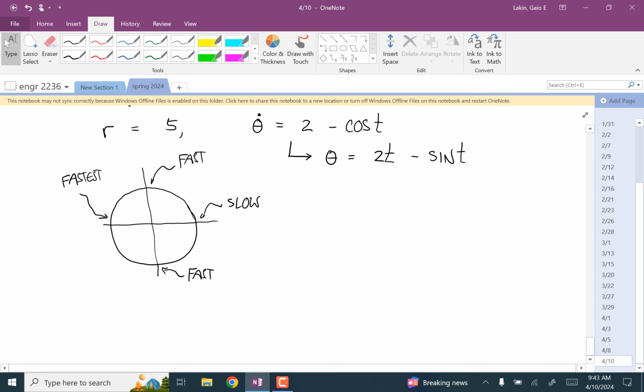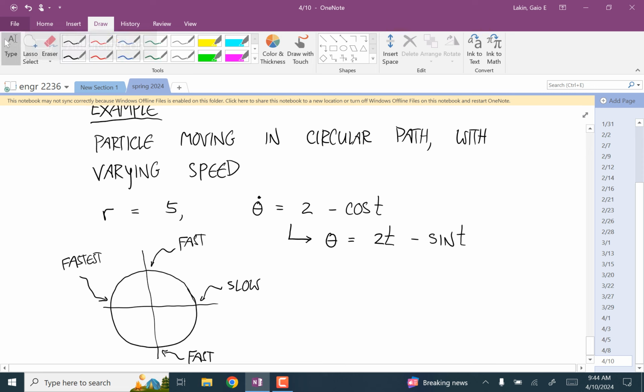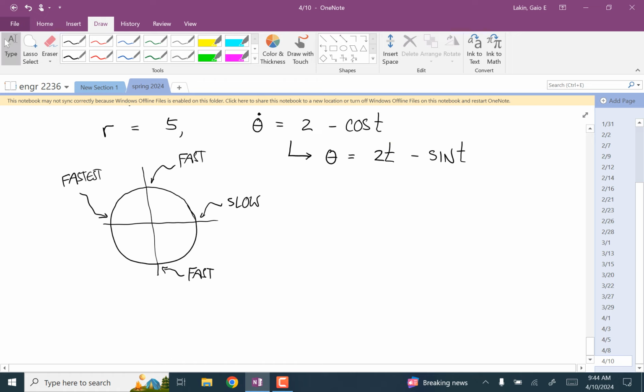Okay, so let's say we want to calculate the acceleration. So to do that, we're going to need some time derivatives of these values.